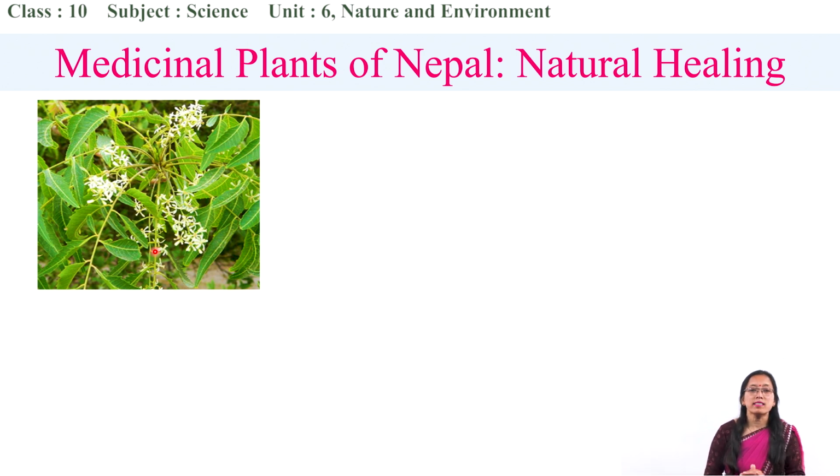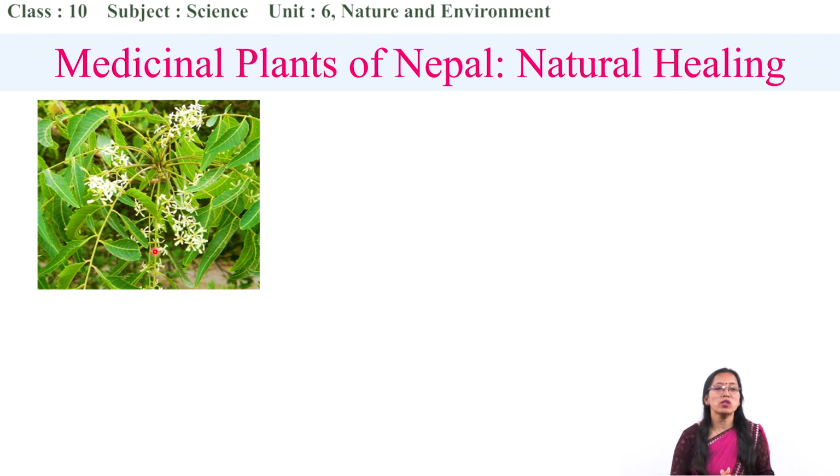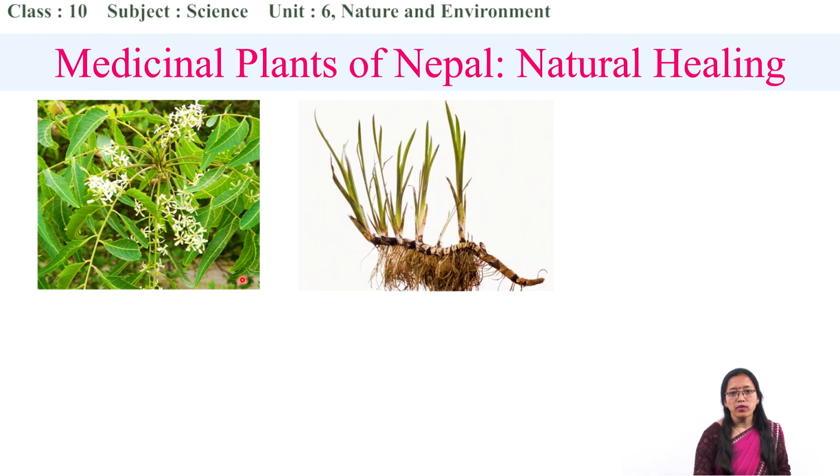In this neem plant, every part is used as medicine. In Ayurvedic medicine, the leaves, flowers, fruits, bark, everything is used to prepare Ayurvedic medicine. So this neem plant has medicinal value and is found in our country in large amounts.